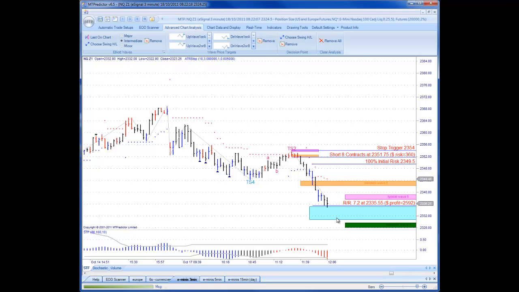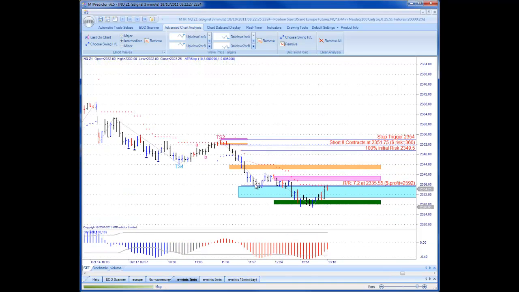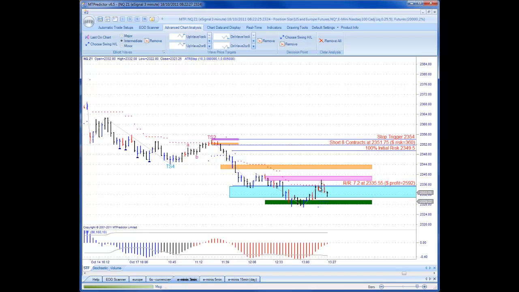What we could also do is, once we got to this level, we come down and look at the STF. The STF is now strong, therefore we look to run the trade with our ATR stop. And as you can see, the market came down and actually would have stopped you out at basically about this same level here.